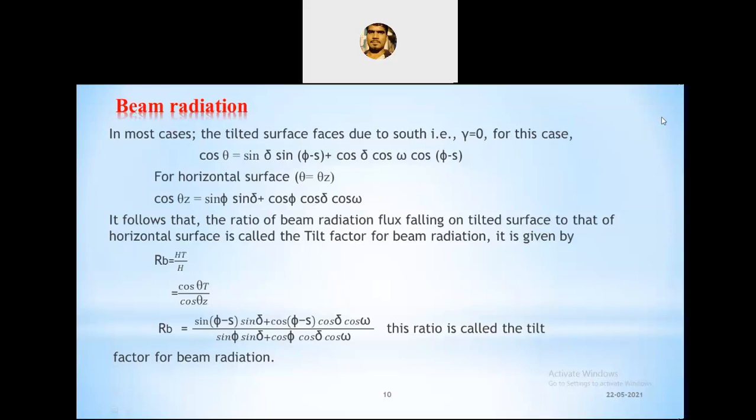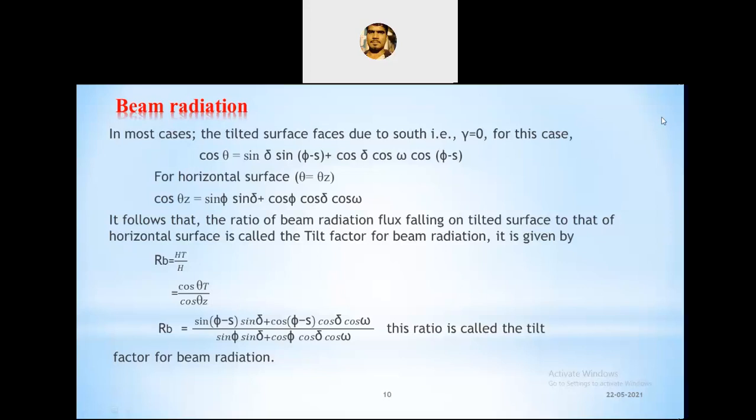This ratio is called the tilted factor for only beam radiation. We already know cos theta t and cos theta z, so if you substitute them, the ratio we get, RB, is the tilted factor for only beam radiation.